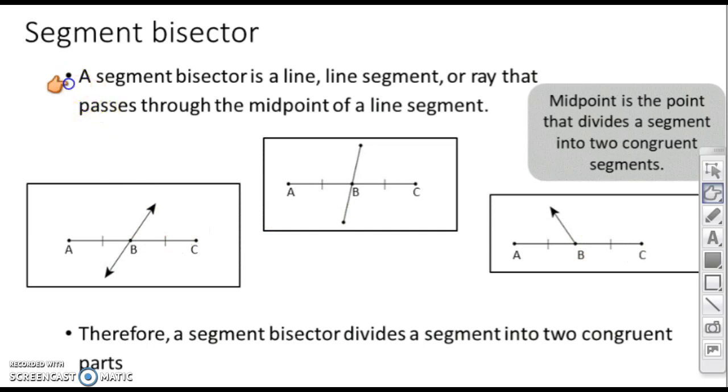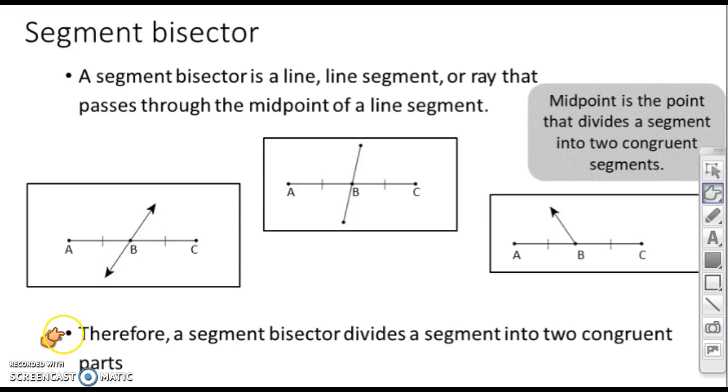So the segment bisector is a line, in the first example, a line segment in the second example, or a ray in this third example that passes through the midpoint of a line segment. So in each case, it passes through the midpoint B. Therefore, a segment bisector divides a segment into two congruent parts.